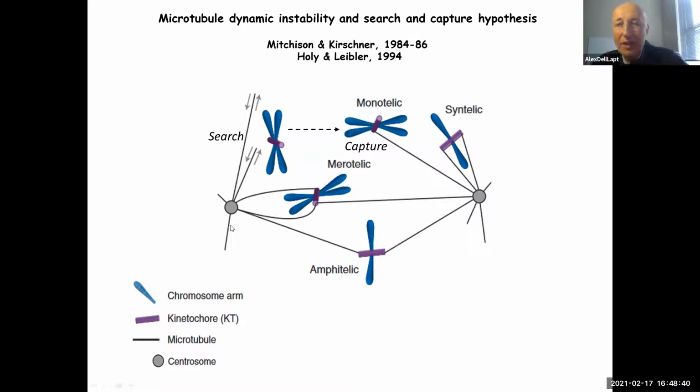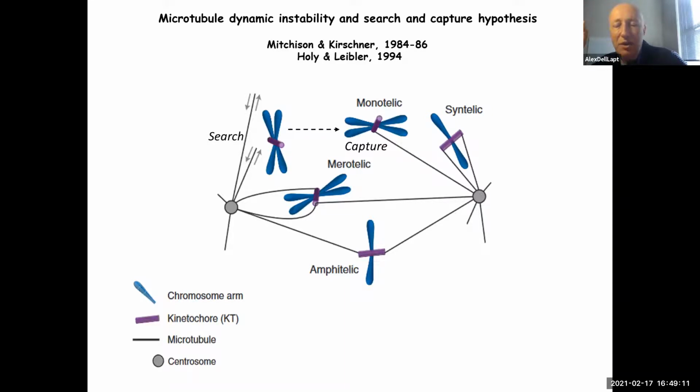But obviously, if you do this search and capture randomly, you'll probably have a lot of errors, for example, syntelic attachment, merotelic attachment. Those are actually happening in live cells, and some of them are bad. They lead to developmental defects, like Down syndrome, cancer, death. But fortunately, in a healthy person, the number of errors is stunningly small.